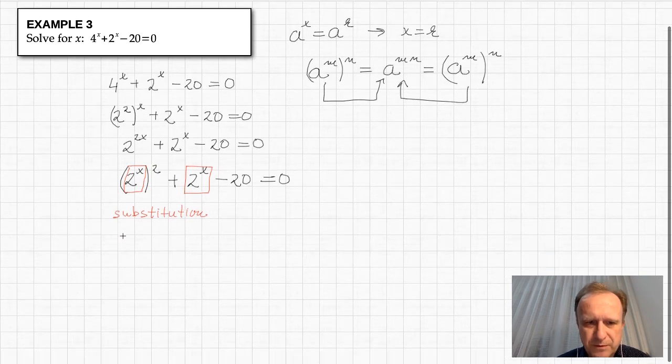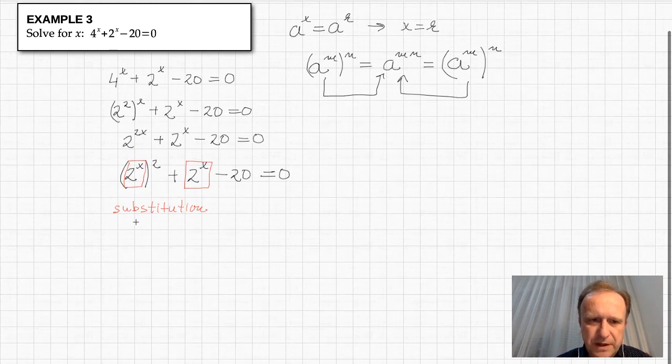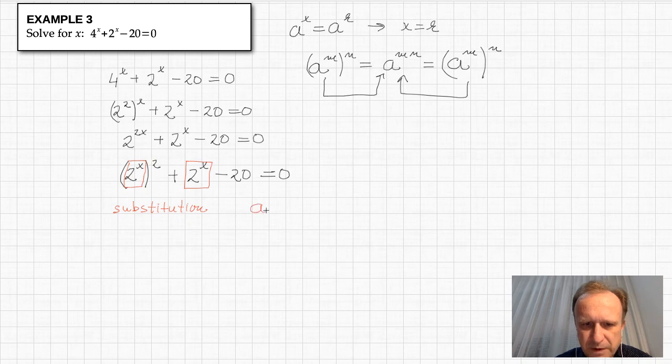What we should do here is to replace this recurring term by a symbol. So let me use a symbol of a. I will call a this 2 to the power of x recurring term.